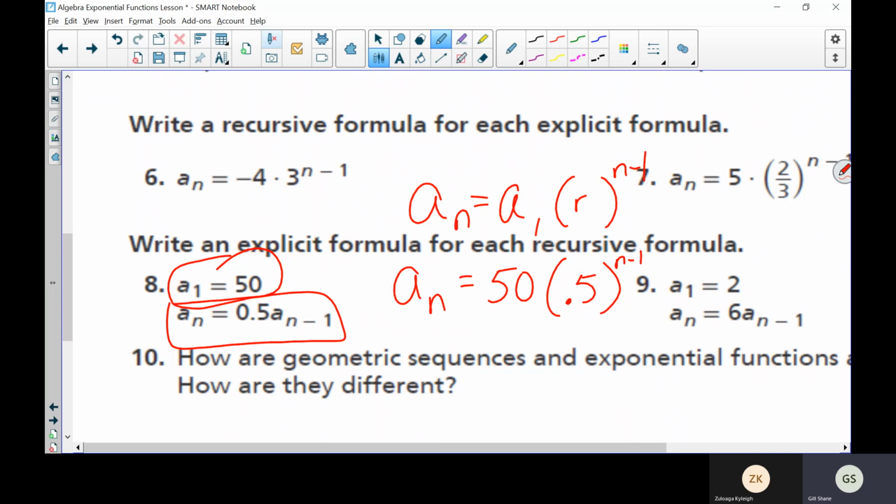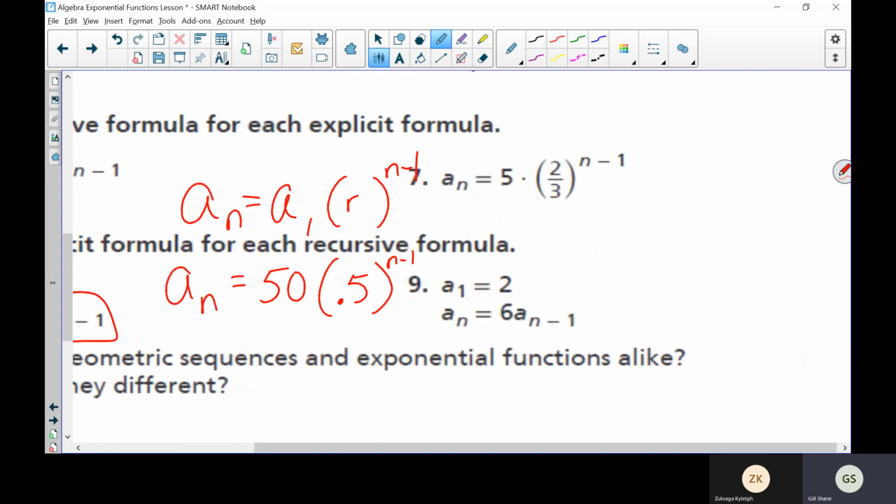So here's your last thing, and then we're done. On number 9, I want you to write the explicit formula, so that's this thing. But I want you to do it for the 19th term. So here's all the information you need.